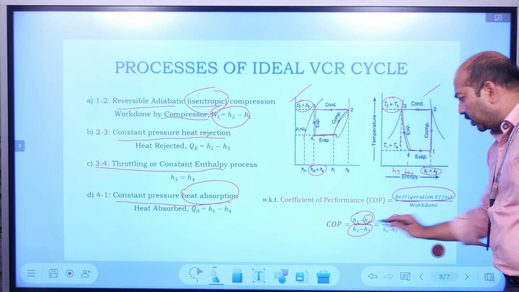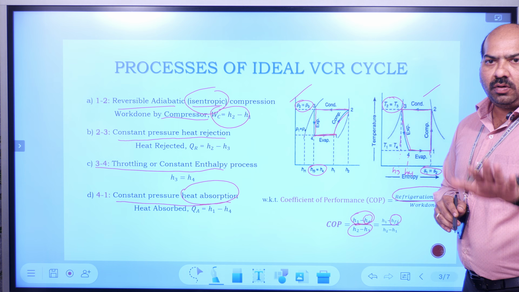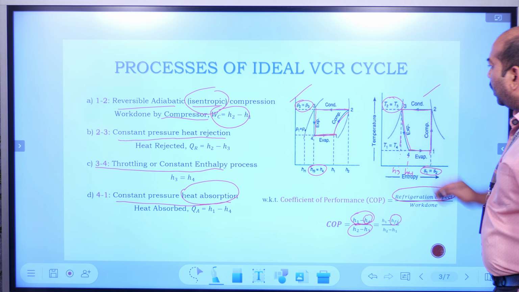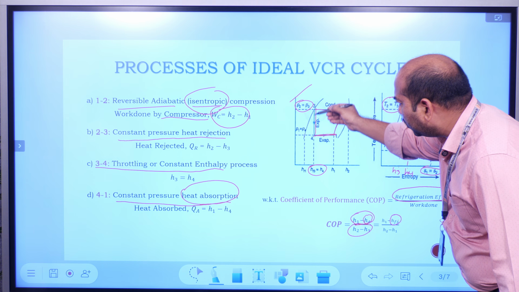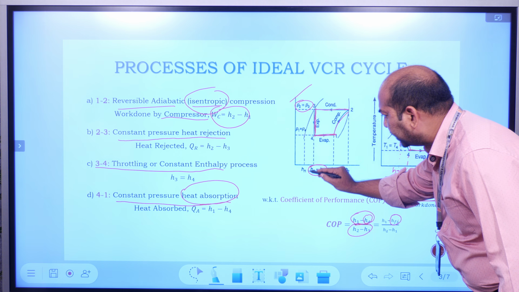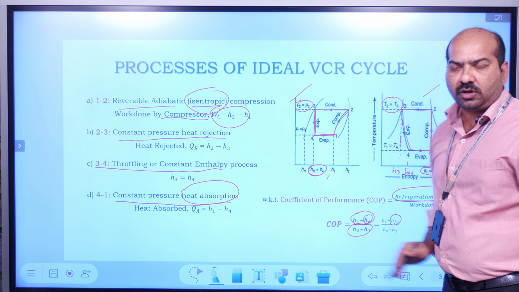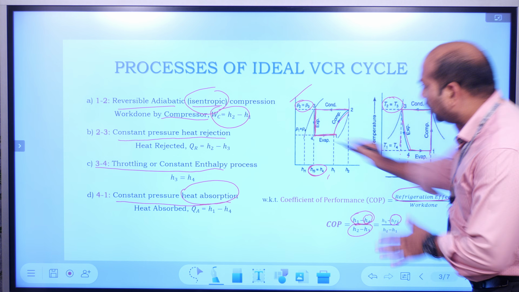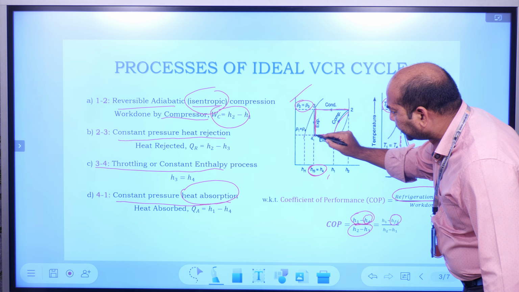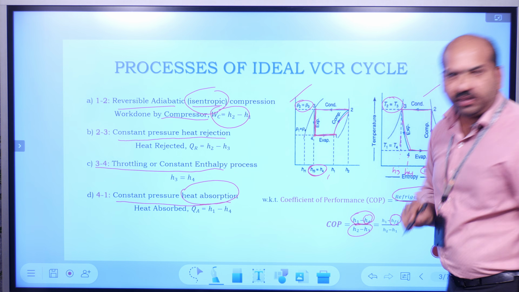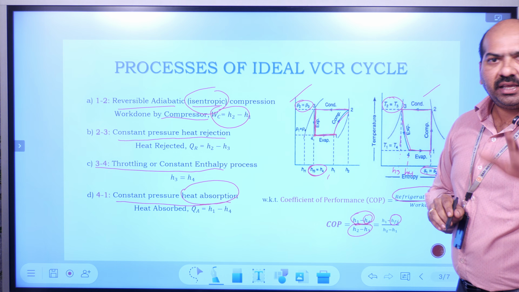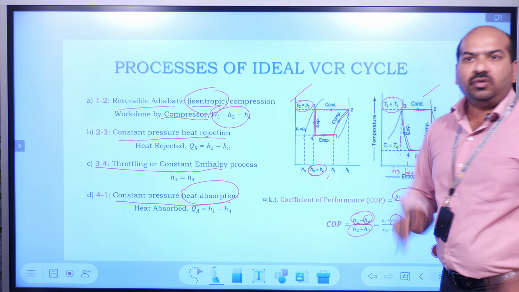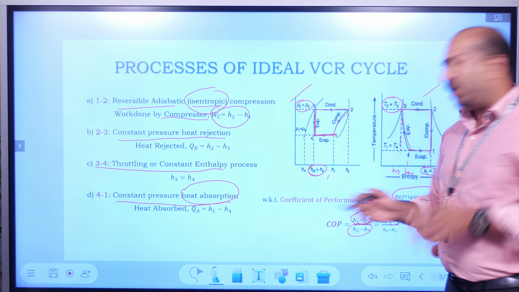Why did I replace H4 with HF3? If you observe here, I already told you, the 3 to 4 process is an isenthalpic process, meaning constant enthalpy, H3 equals H4. But here, if you closely observe, point 4 or state 4 lies in the wet region. So if you want to calculate the enthalpy at point 4, you need to know the dryness fraction at point 4.